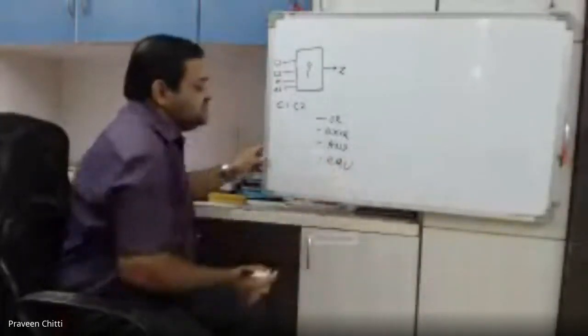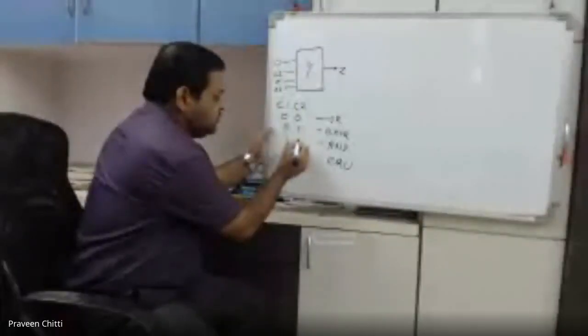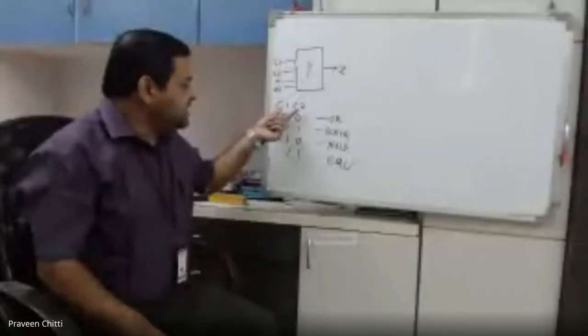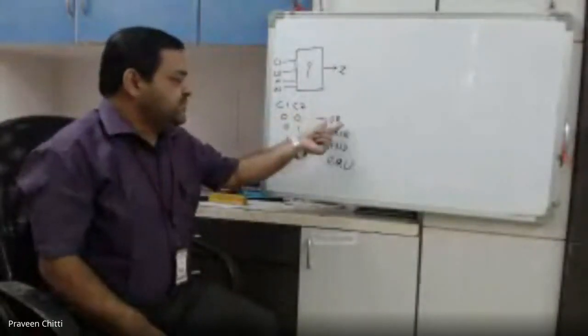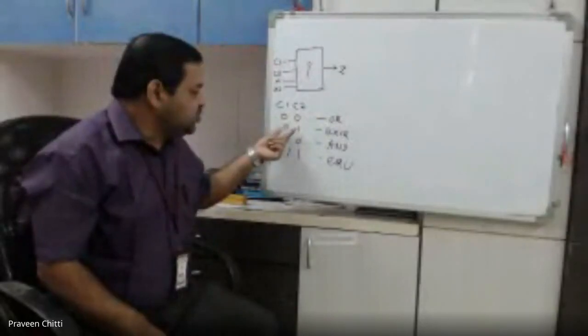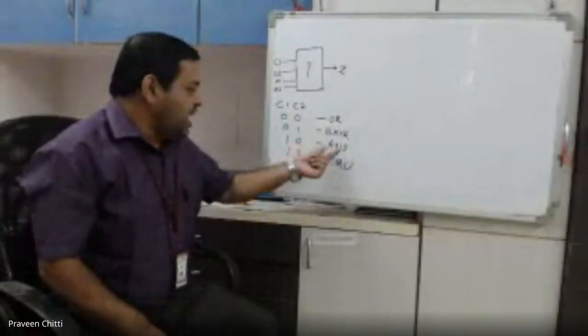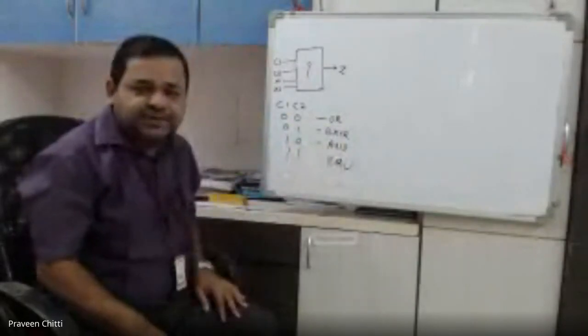Four operations it is performing, based on the control input combination C1 and C2 as 00, 01, 10, 11. When C1 and C2 are 0 0, it performs OR operation. When they are 0 1, it performs XOR operation. 1 0, AND operation, 1 1, EQU operation.